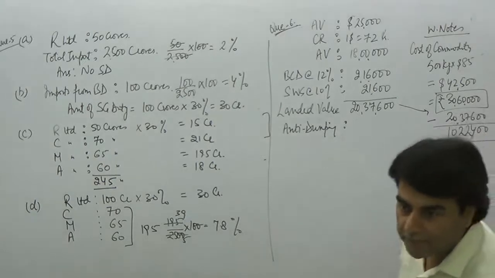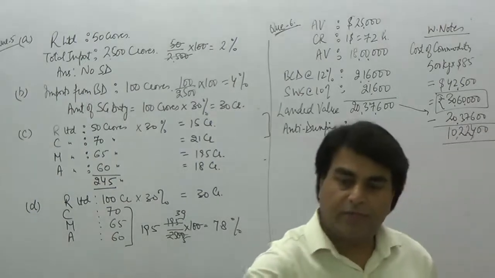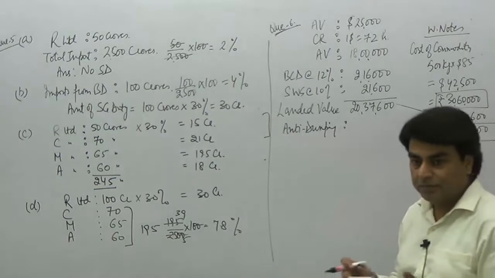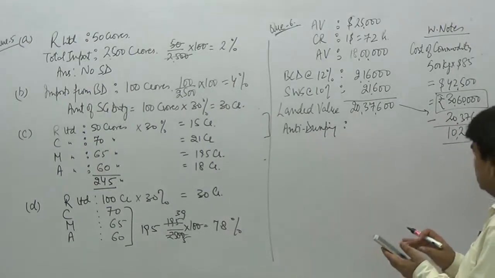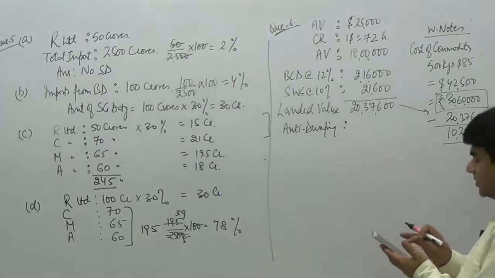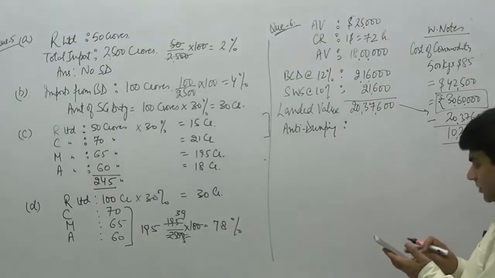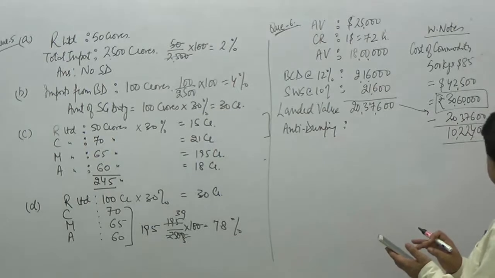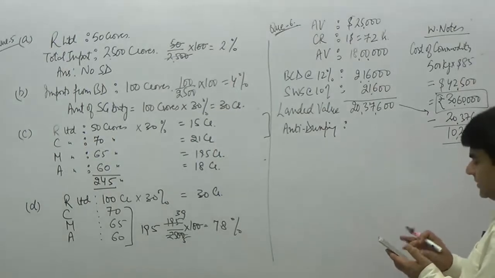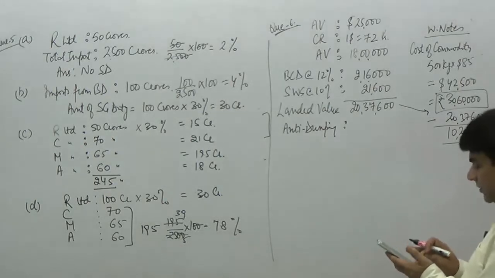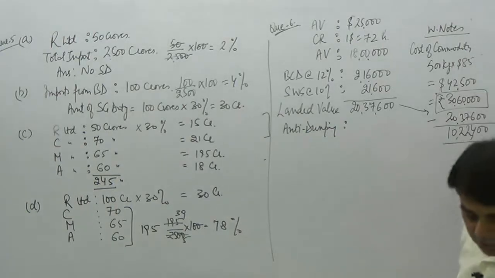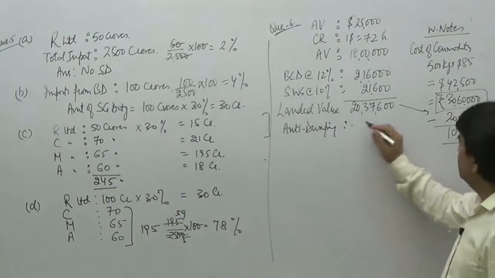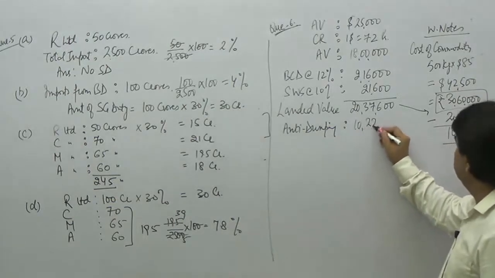Let me first check whether the calculation is okay or not. $30,60,000 minus 20,37,600 is 10,22,400. Yes, 10,22,400. This is the amount of anti-dumping duty.